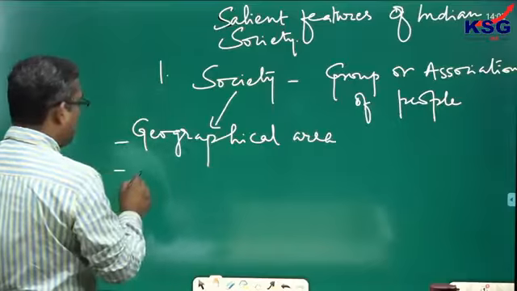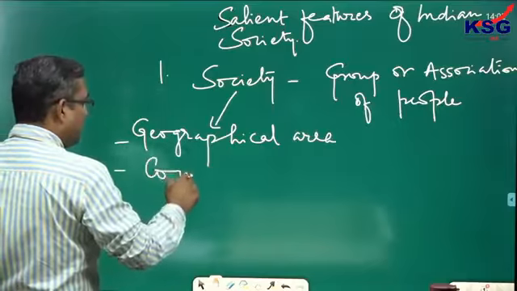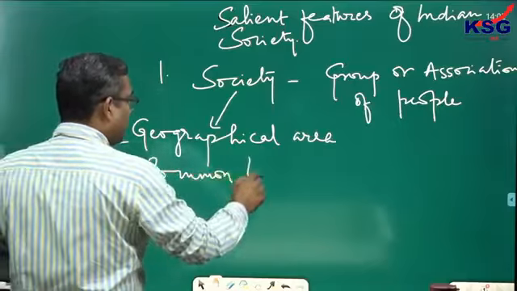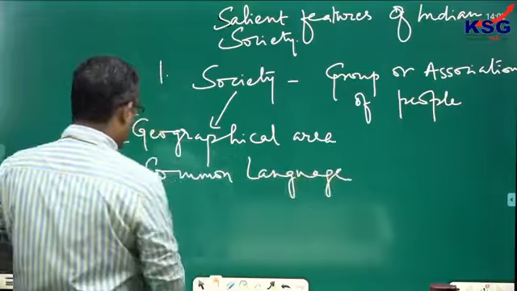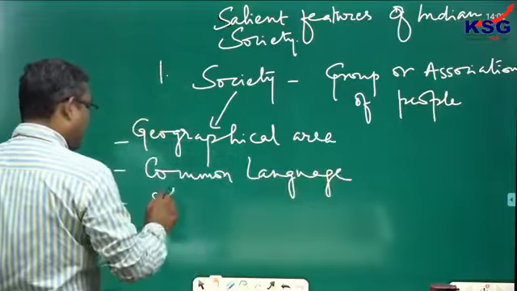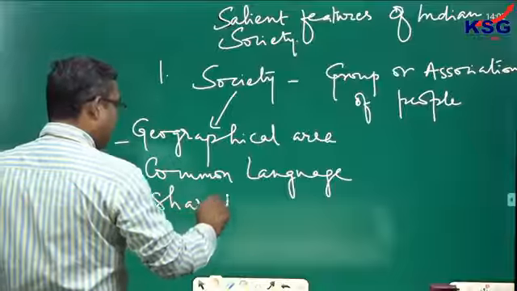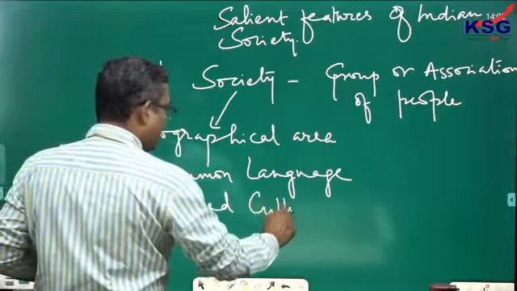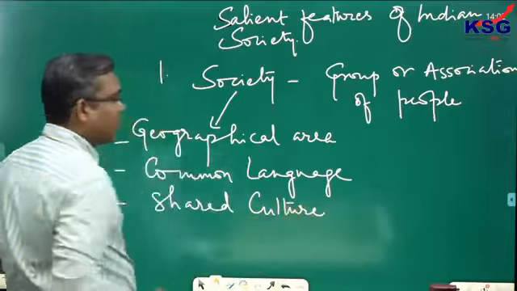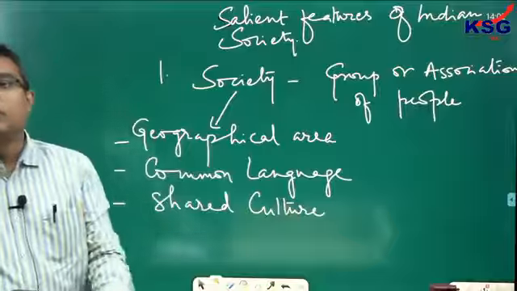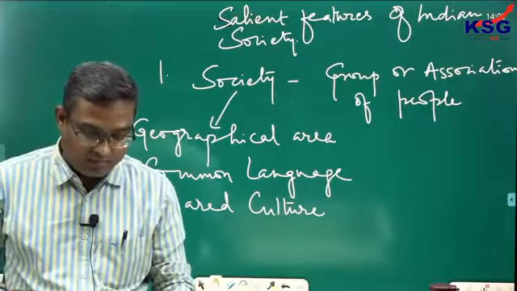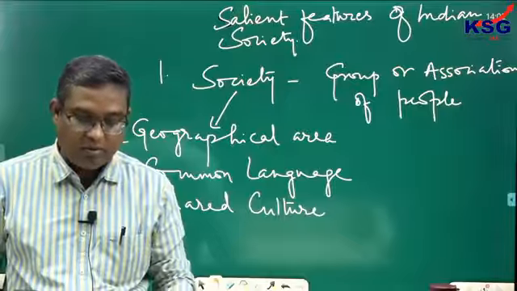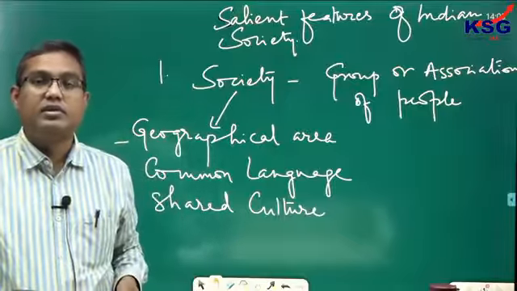It needs to have a common language, and a shared culture. So these are the three important attributes of society that we have discussed.